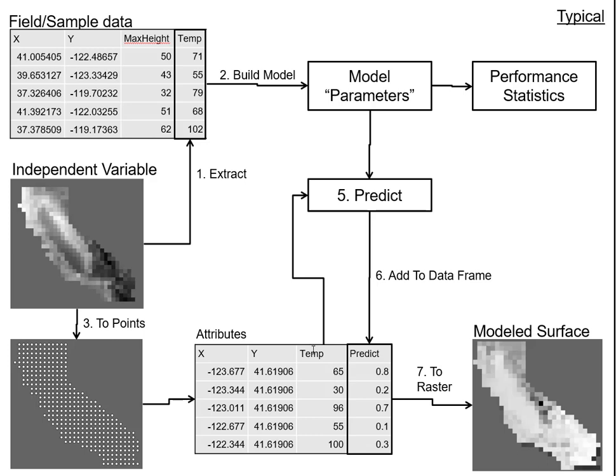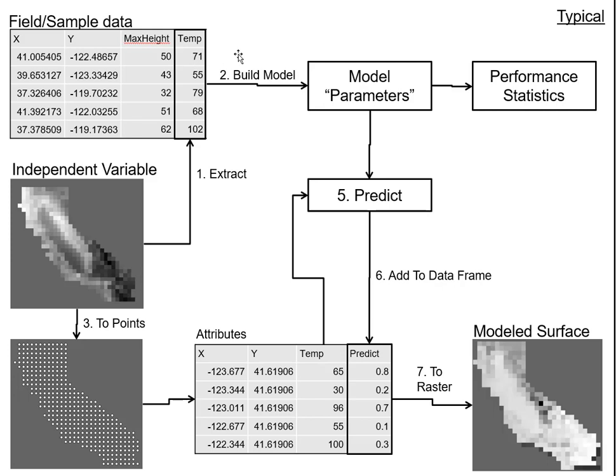Okay, so to start, we take our field data, which would typically have XY coordinates, and some response value, some dependent value that we've measured in the field. We would then take rasters, like temperature layers, and extract values for the coordinates of where our field data are and add those.